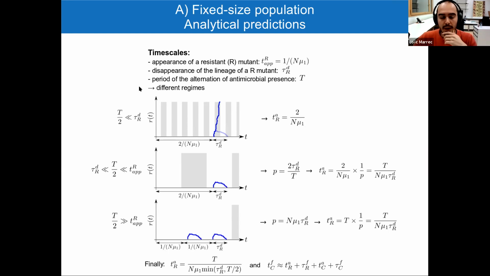To do so, we just need to take into account different timescales. For instance, the appearance time of a resistant mutant, the disappearance time of a resistant lineage, and the period of the alternation of antimicrobial presence.